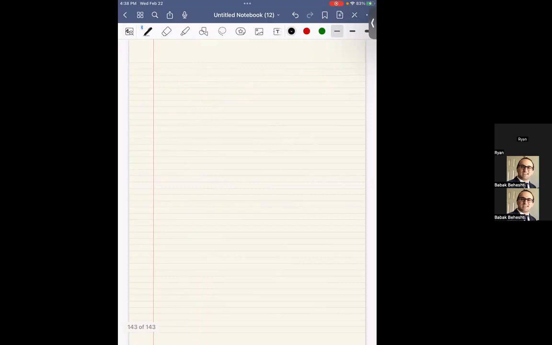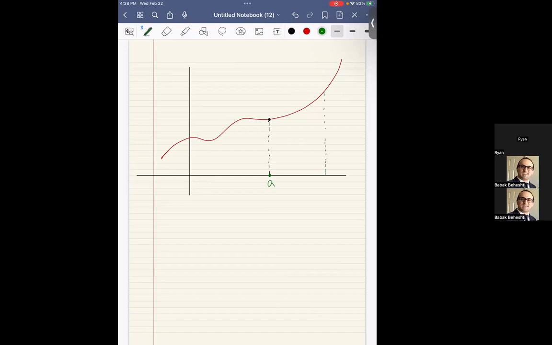So if I can just draw some simple picture so you can see what's going on. You have a function y equal to f of x, and imagine this is f of a, this is the point x equal to a, and this is f of a plus h.